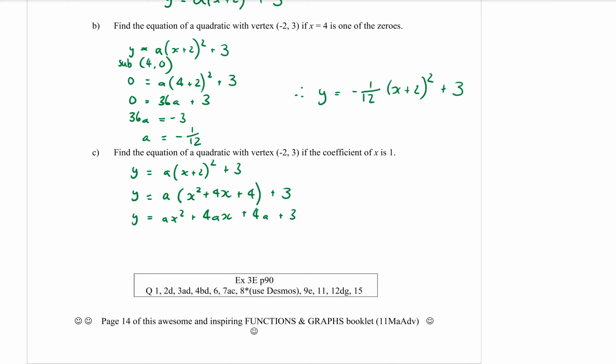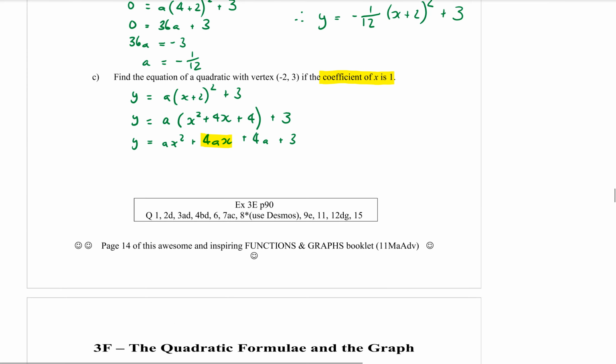What I wanted from all of that work was this term here. I wanted to know what was in front of the x, because it says in the question that the coefficient of the x has to be 1. So in front of my x, I have got a 4a. So that means that the 4a has to be equal to 1. I can find out what a is. I divide by 4. a is going to be equal to 1/4.